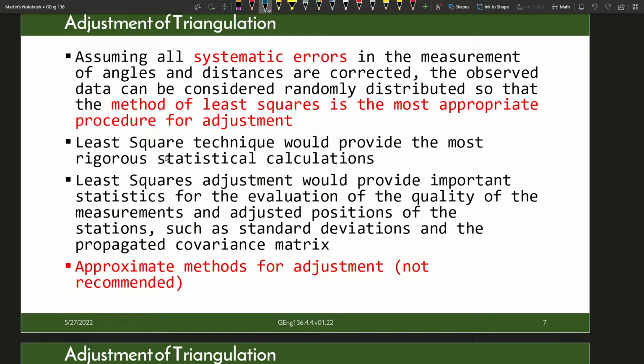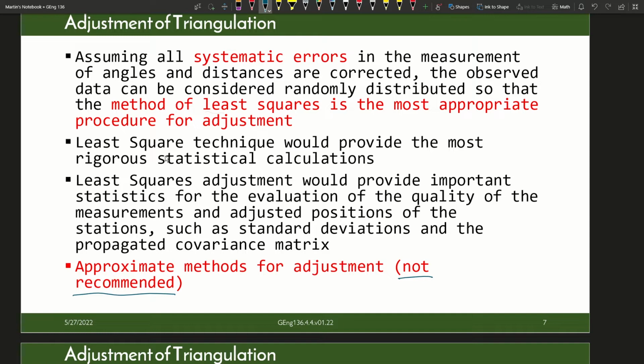If ever some of your observations were erroneous, then it would probably affect your adjustment results per se. Okay. So approximate methods for adjustments are not recommended. When you say approximate, you just assume that I will apply 2 seconds here, 3 seconds here, or 5 minutes here.